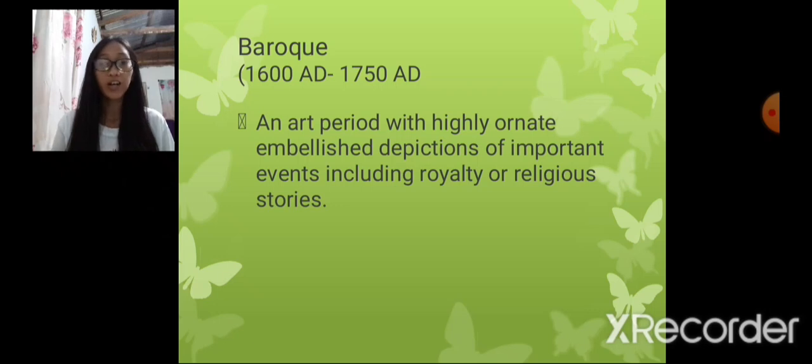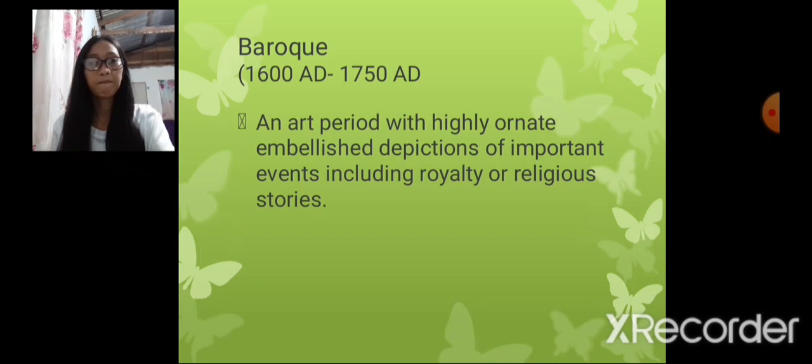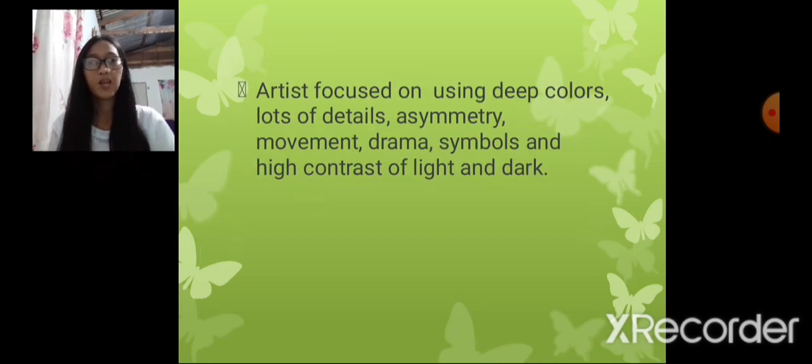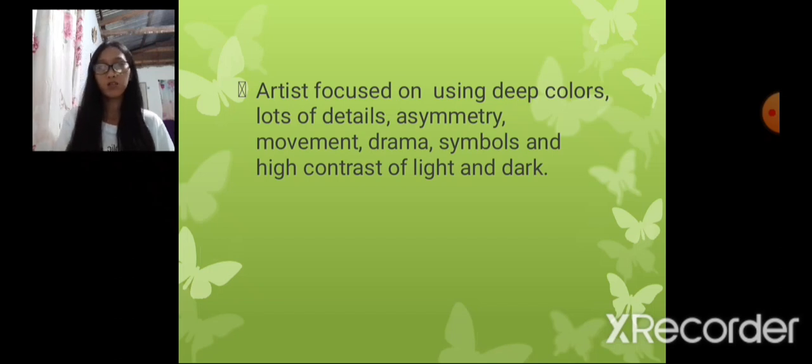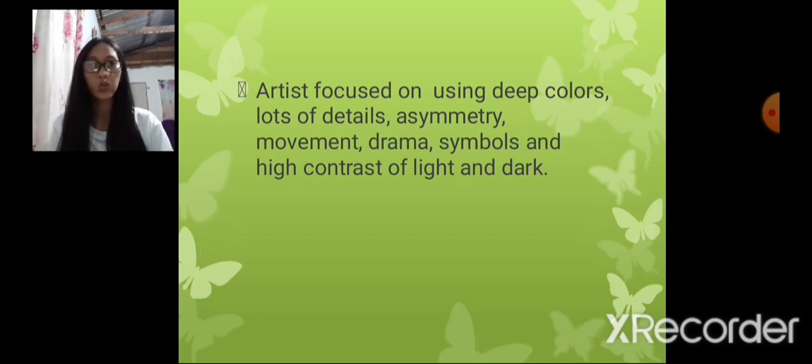In this art period, artists focused on important events including royalty and religious events, which were portrayed with extravagance, ornateness, and decorated details. So, artists focused on using deep colors, lots of details, asymmetry, movement, drama, symbols, and high contrast of light and dark.